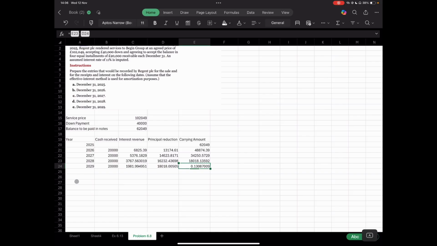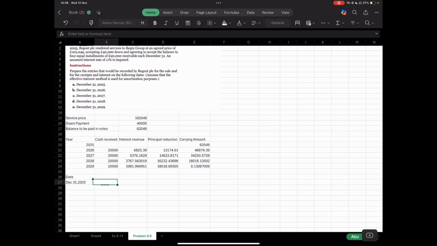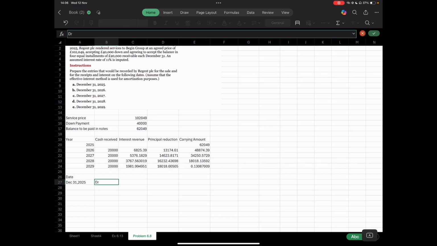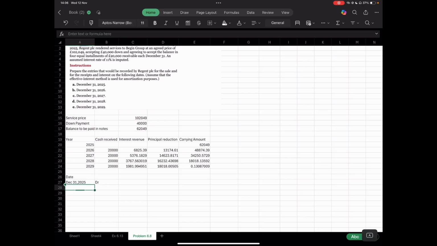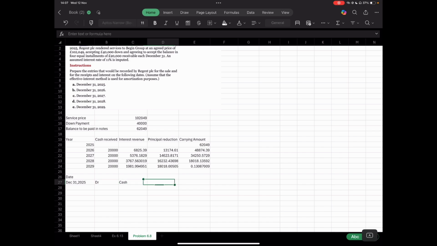Now we're going to prepare the journal entries. Okay, so here goes our date. It's December 31st, 2025. Here comes our debit account. Cash, 40,000.